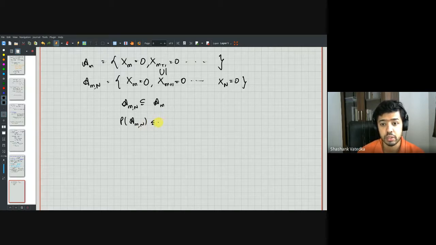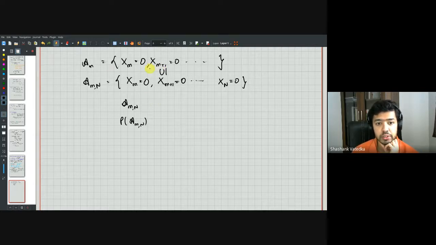Wait, are you sure that this event contains this? If AM happens, you know that AM comma N happens for sure. But if AM comma N happens, are you sure that AM will happen?